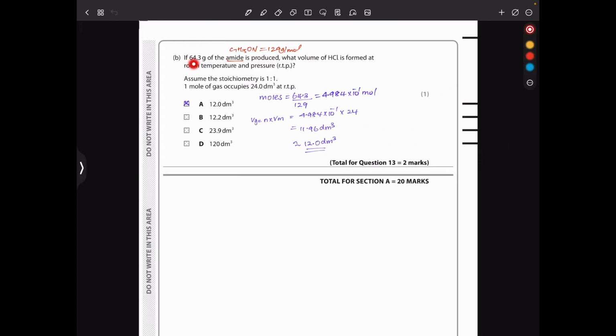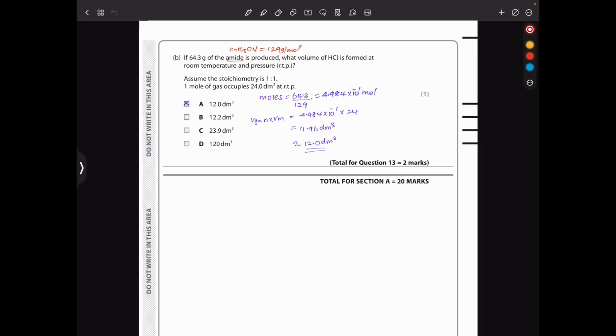And then they say if 64.3 grams of the amide is produced, what volume of HCl is formed at room temperature and pressure? Assume that stoichiometry is 1:1. 1 mole of gas occupies 24 dm³ at room temperature and pressure. So I'll begin by finding the moles of the amide. From the previous question, this is what we have: 7 carbons, 15 hydrogens, 1 oxygen, and 1 nitrogen, giving us 129 grams per mole.